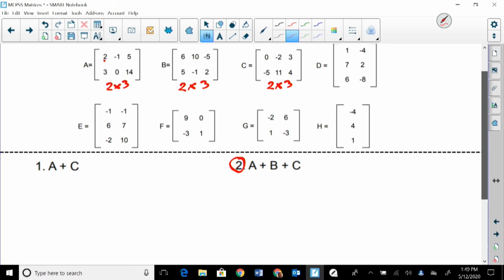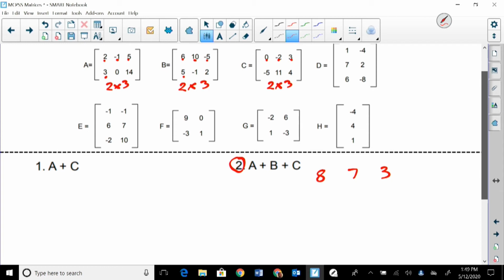So 2 plus 6 plus 0 is 8. -1 plus 10, that's 9, plus -2, that's 7. 5 plus -5 is 0, plus 3 is 3. 3 plus 5 is 8.